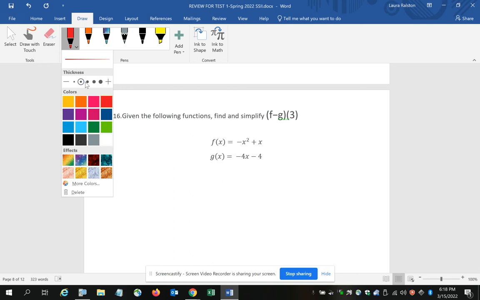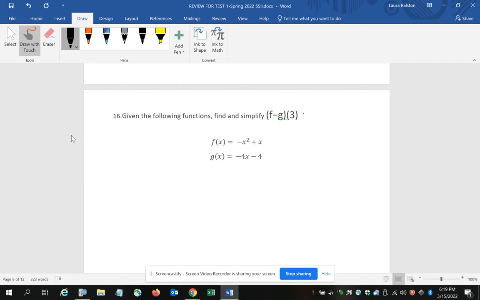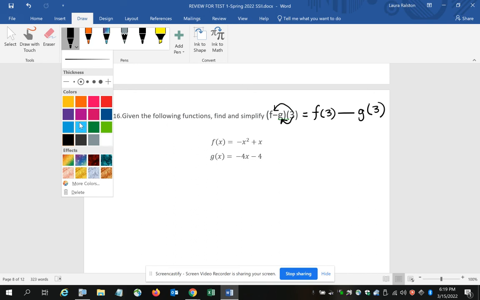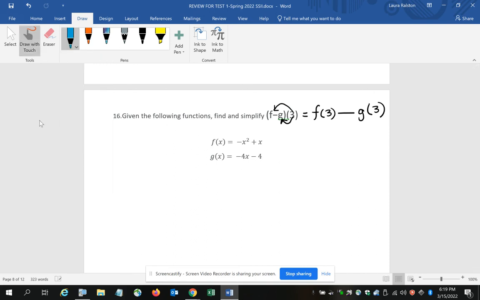Whenever you are adding, subtracting, multiplying, or dividing with functions, it's almost like distributing, because I'm going to substitute the 3 into function f. I'm going to substitute the 3 into function g, and then I'm going to subtract the two answers. So again, I can treat this as if it's sort of like a three-step problem.